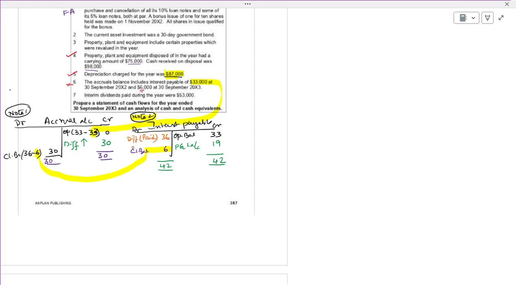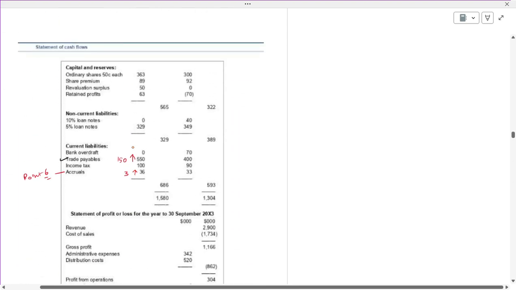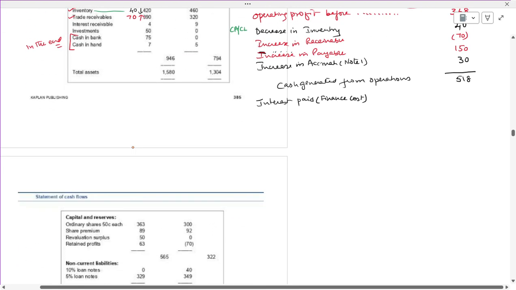Liability decreases, what happens to cash? Cash will decrease. Interest paid. Note 2. How much have you paid as interest?